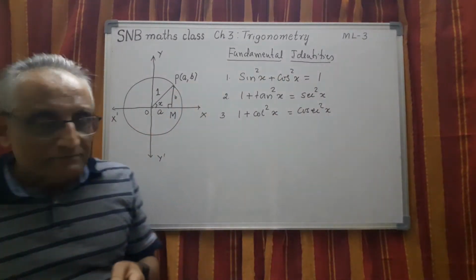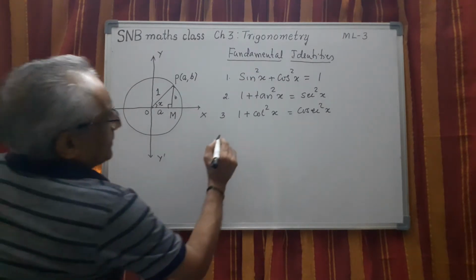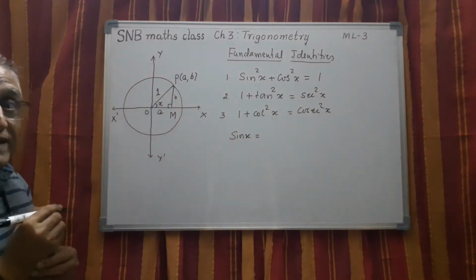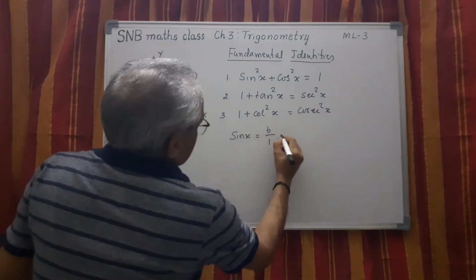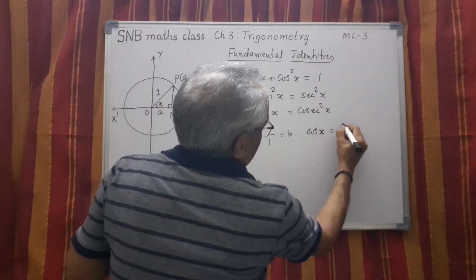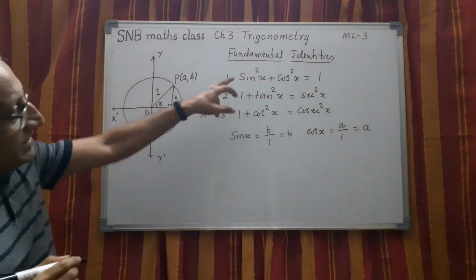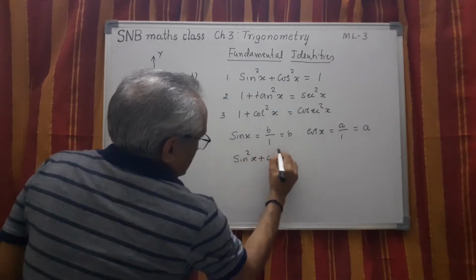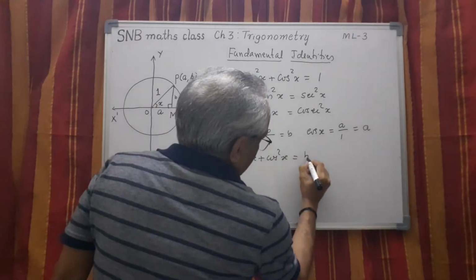It is very simple. Let us take the first one for example. Look at this diagram. What is sine x? Sine x by definition is b divided by 1. So this is b. Similarly, cos x will be equal to a divided by 1. We have seen this already. Now let us take the left hand side. Sine square x plus cos square x: sin x is b means sin square x is b square.